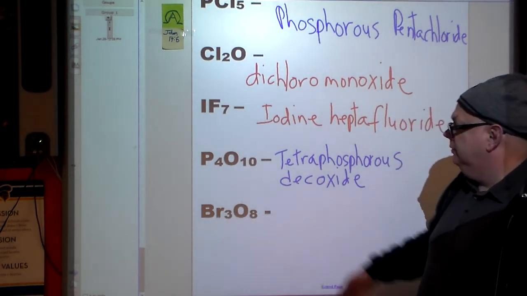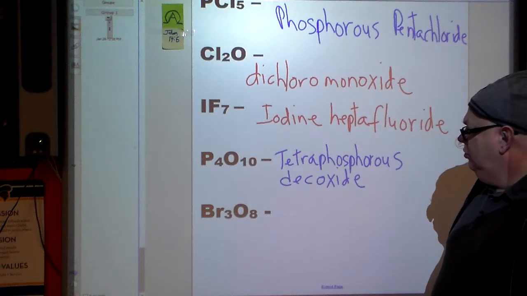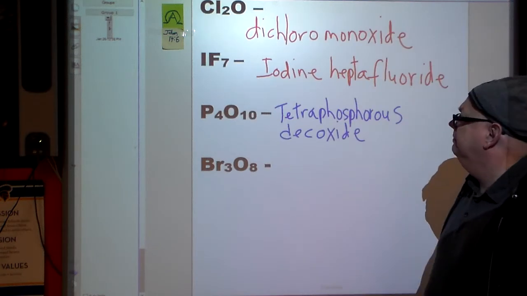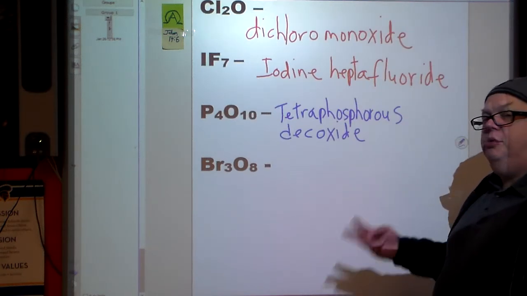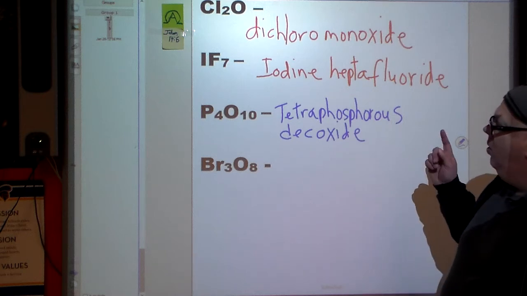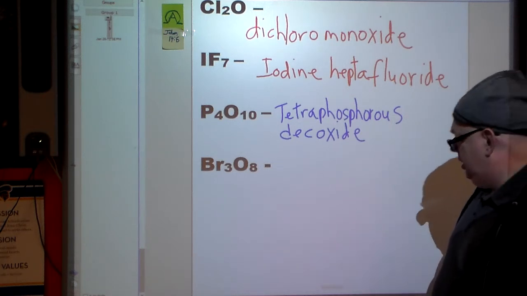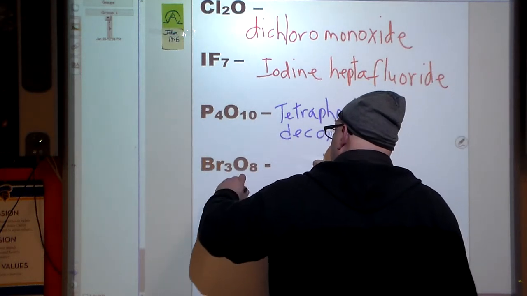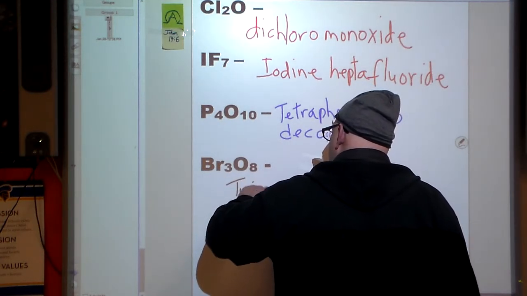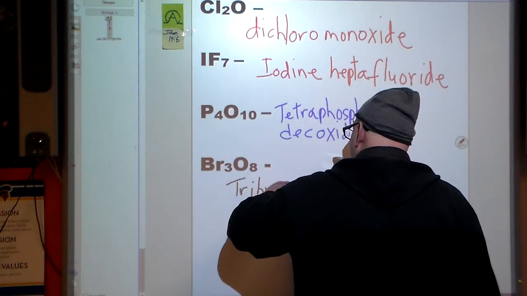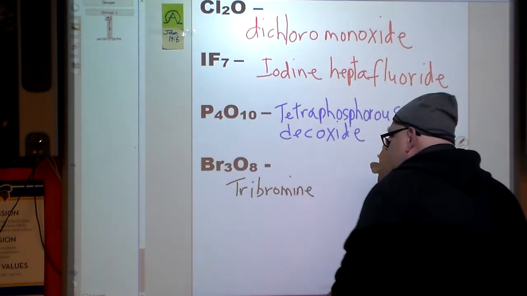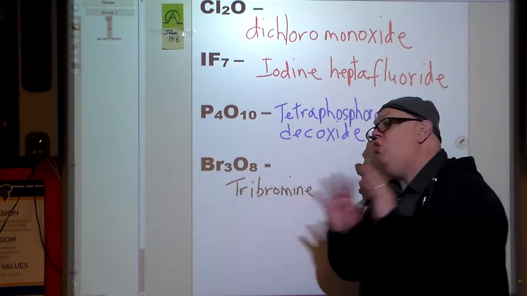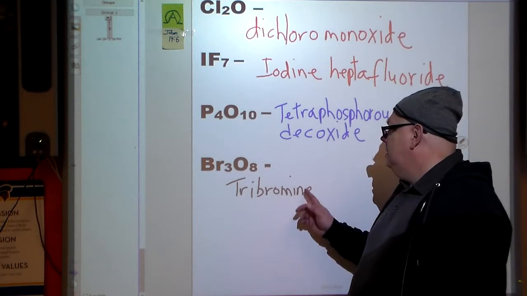Last one here. Ooh, that looks juicy. Let's see. We've got 3 bromines and 8 oxygens. So I'm going to go with tribromine. You can say, but wait a second, wouldn't it be tribromide? No, because it's not.